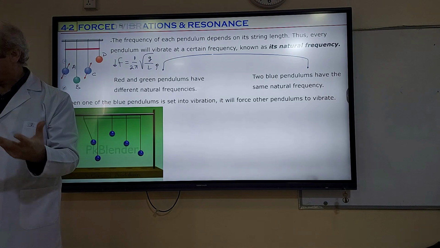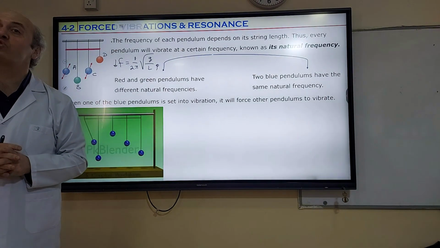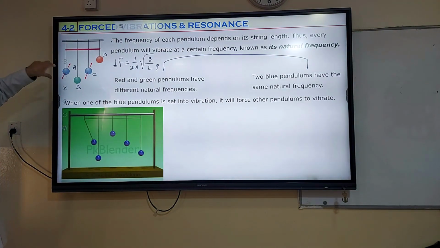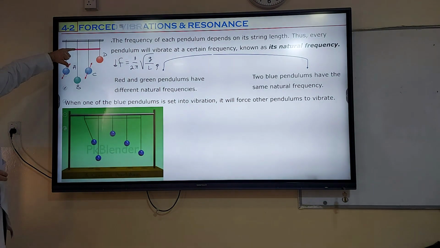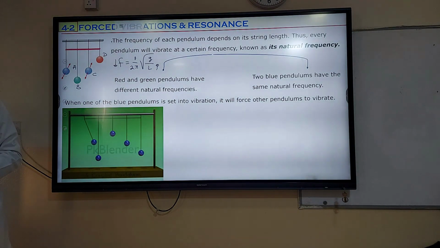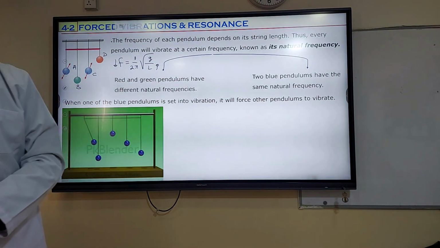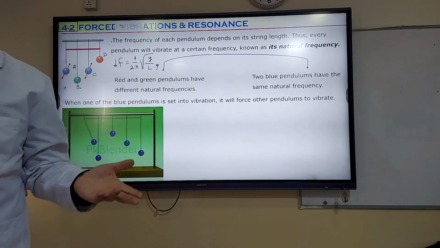I'm going to vibrate it, but after a while I will see that other pendulums will also start vibrating, because this pendulum's vibration will be transferred to the other pendulums by this rubber band. But something surprising will happen now. Yes, all will be forced to vibrate, but some of them will vibrate with a larger amplitude, and some of them will vibrate with a smaller amplitude, and even stop after a while.